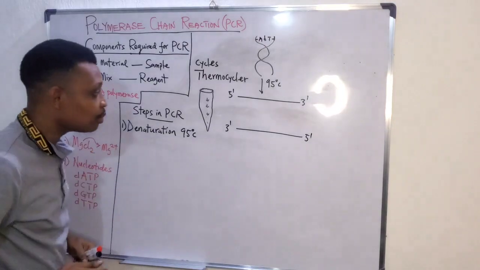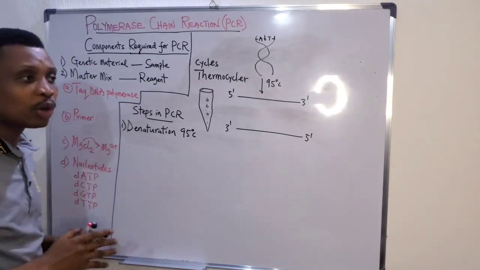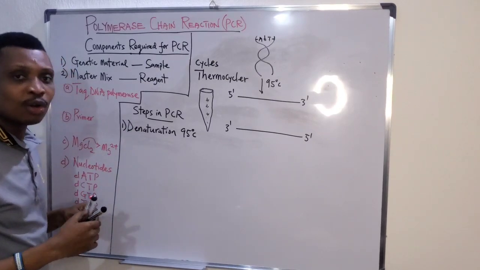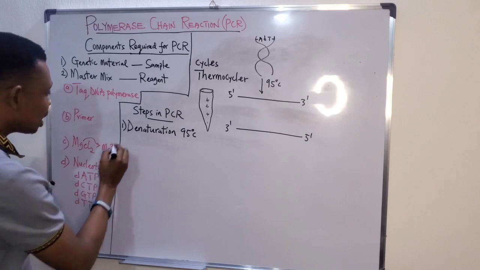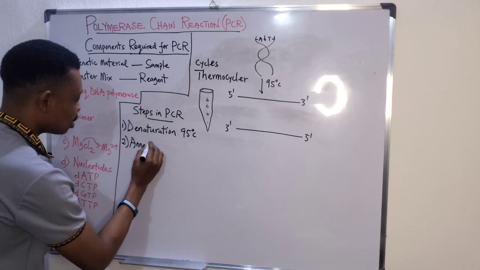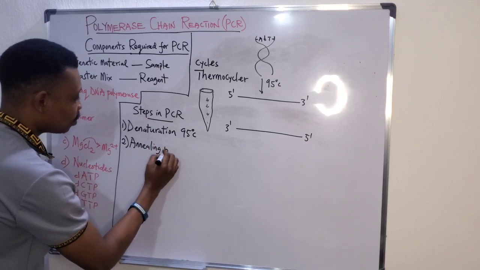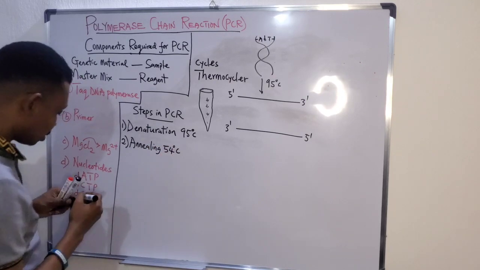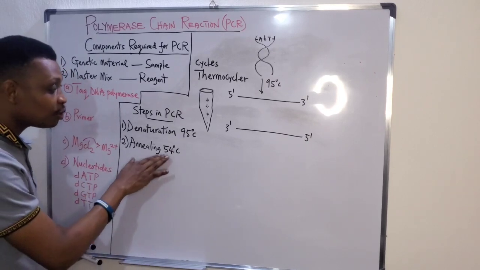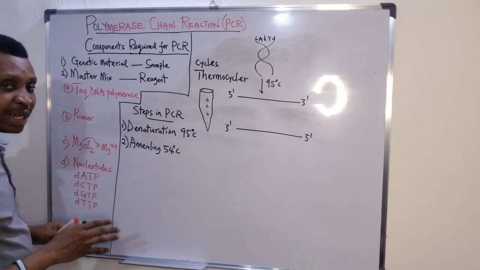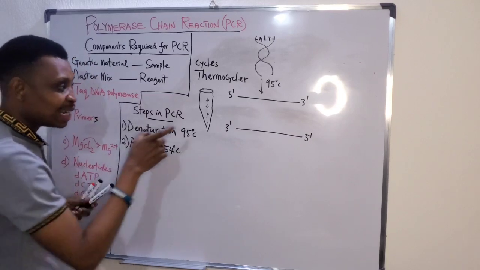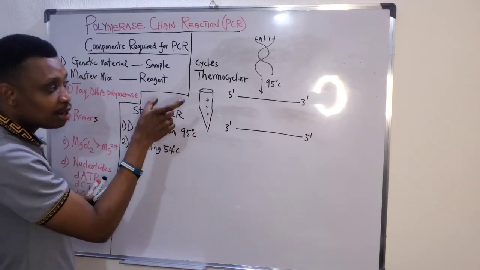Now, after its separation, the thermocycler will also lower the temperature to about 54 degrees Celsius, and that is called annealing. Now, when the thermocycler lowers the temperature to 54 degrees Celsius, that is when the primers will now anneal or bind to their respective strands.